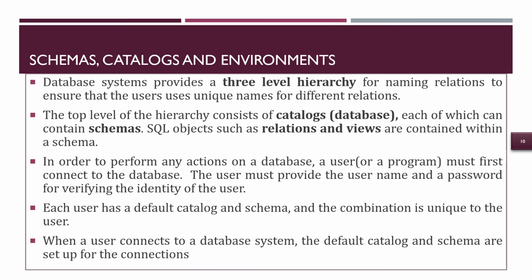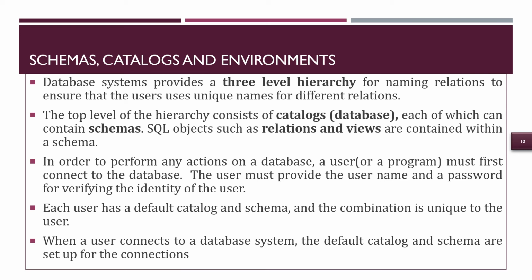In this three-level hierarchy, the top level consists of catalogs, also called databases, and each catalog contains schemas. SQL objects such as relations and views are contained within these schemas. So the three levels are the catalog, also called database, then the schemas, and then the SQL objects.